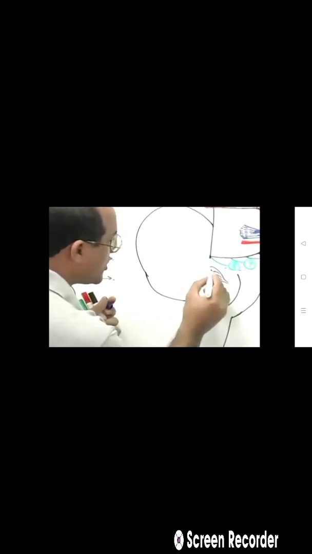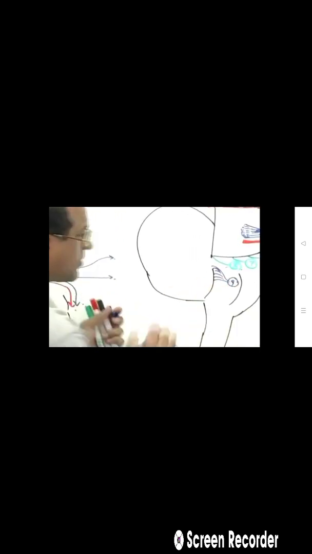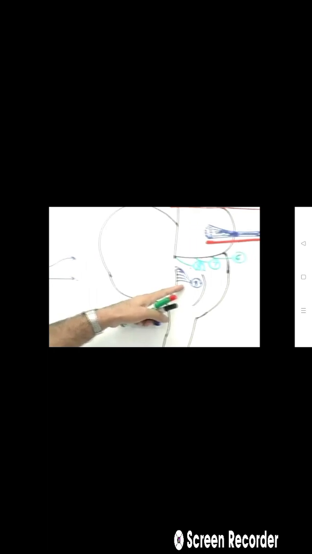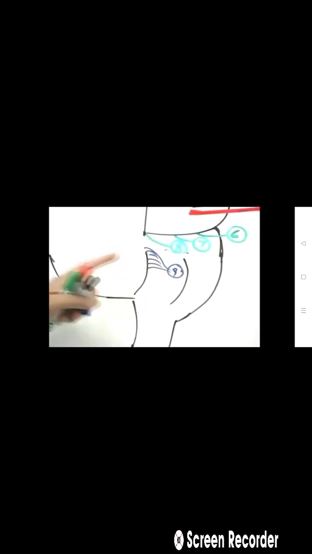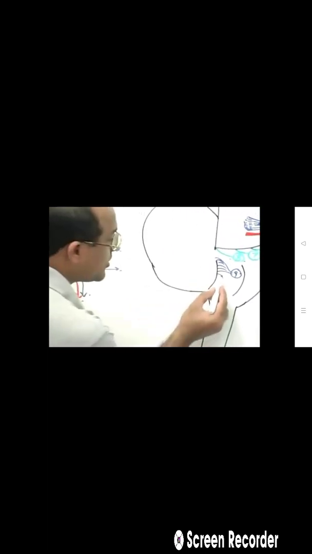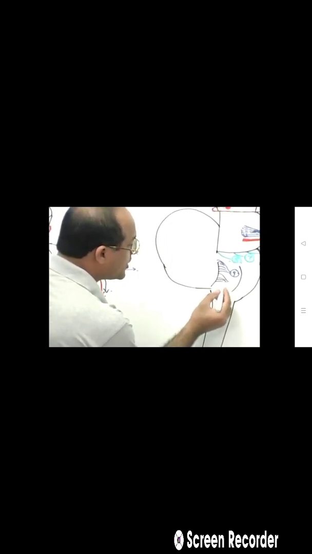Now, the ninth nerve rootlets exit from this point, between the olive and the post-olivary sulcus. 10th nerve rootlets also exit from the same sulcus, but just inferior to the ninth nerve.